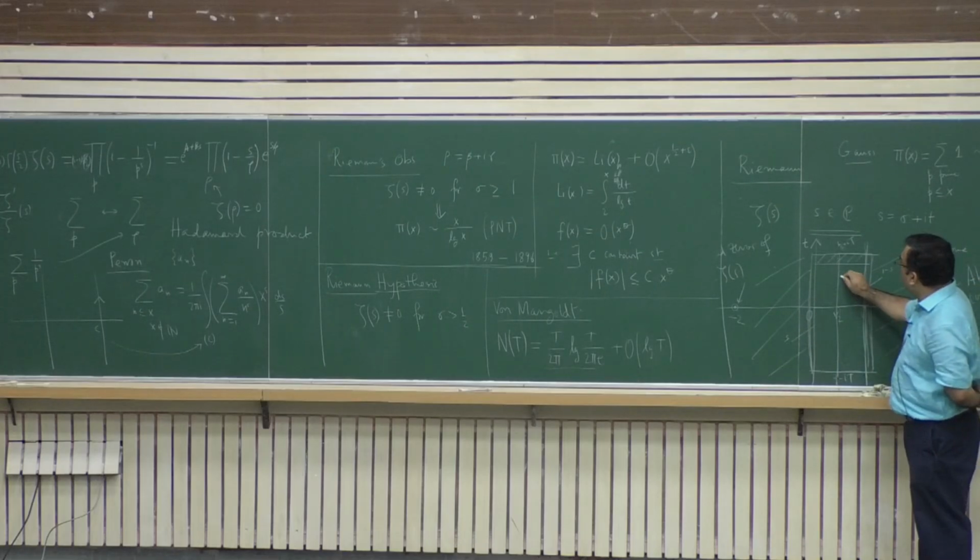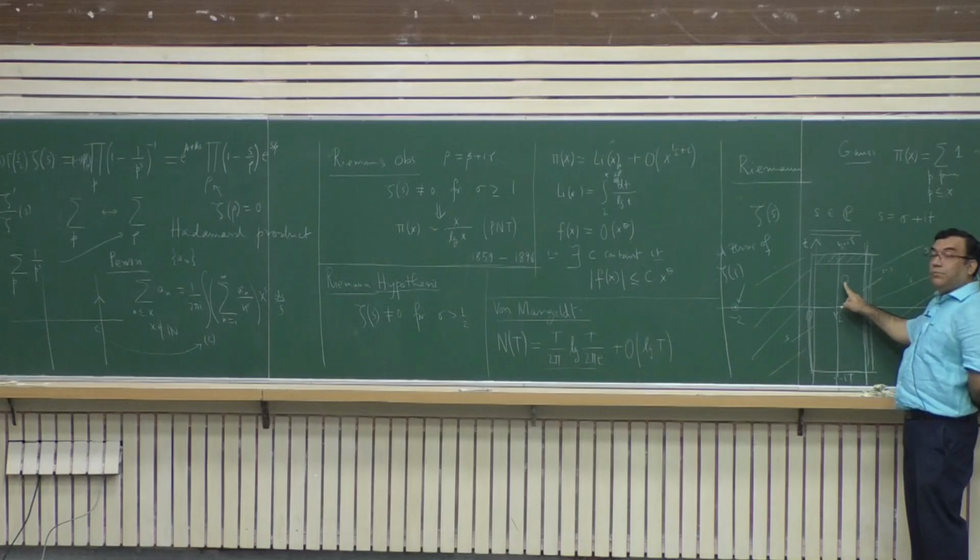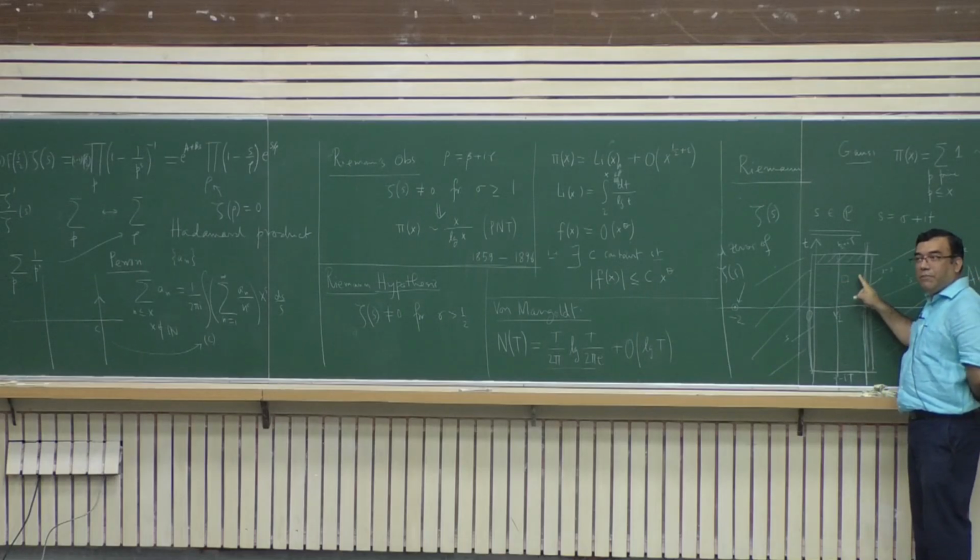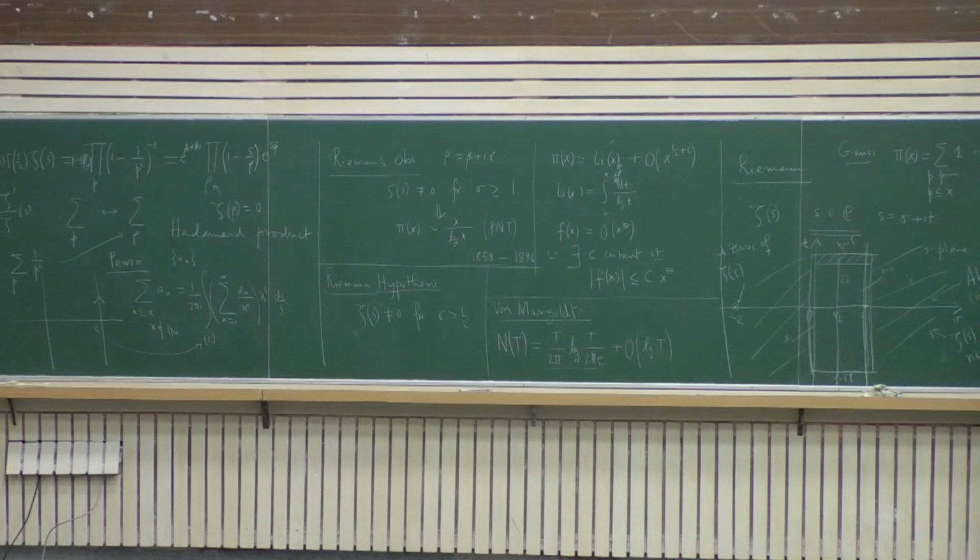But if you want to take a small box over here, then the whole contour should be inside it, where you don't have much. All right. So he showed that there are quite a few zeros inside the box, inside the critical strip.